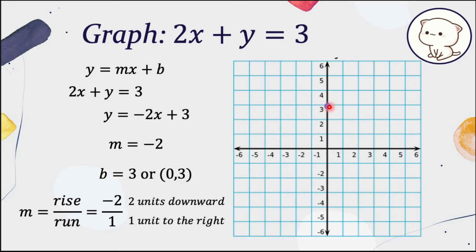So from this point, we have to go 2 units downward, so 1, 2, and then 1 unit to the right. After that, just make a small dot. So we have now here 2 points. The last step is to connect these 2 points using a straight line. So now we have the graph of 2x plus y equals 3.